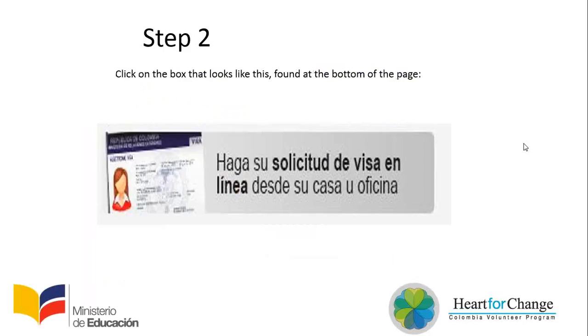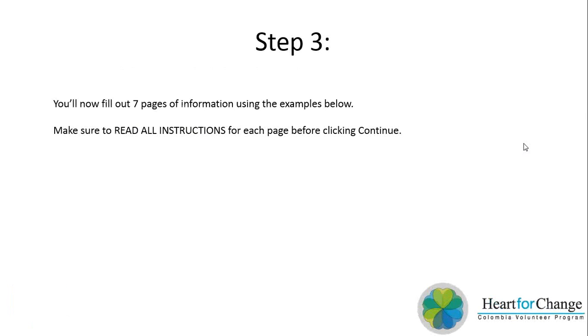Haga su solicitud de visa en línea desde su casa u oficina. Click on this. Step 3. You will now fill out 7 pages of information using the examples below. Make sure to read all the instructions for each page before clicking continue.